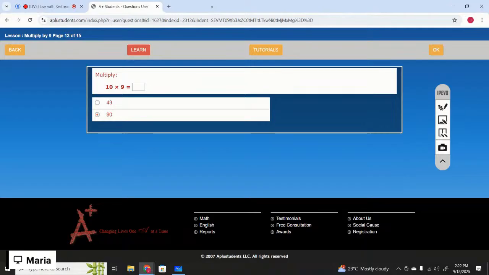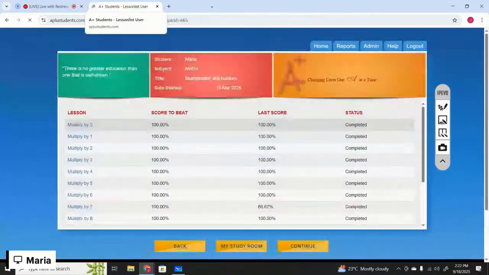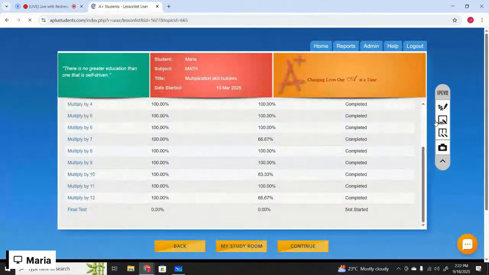Option number 2 is the correct option. Okay, you can complete the lesson by yourself later today. The next lesson is multiply by 10.